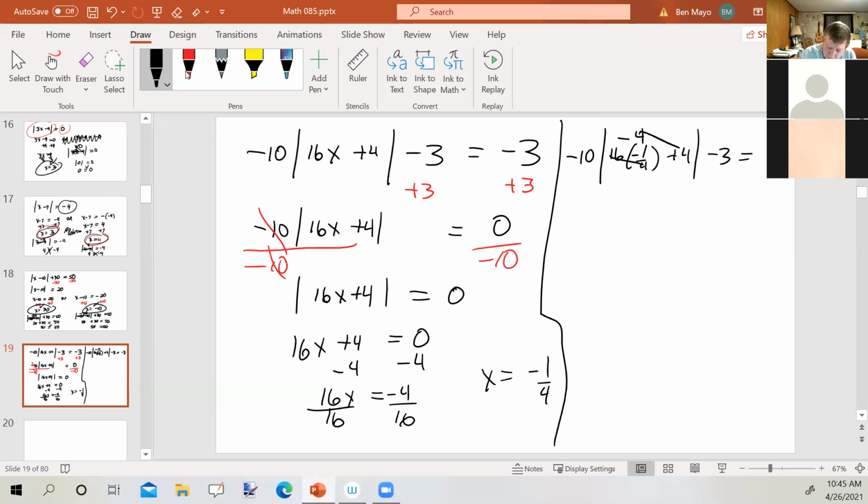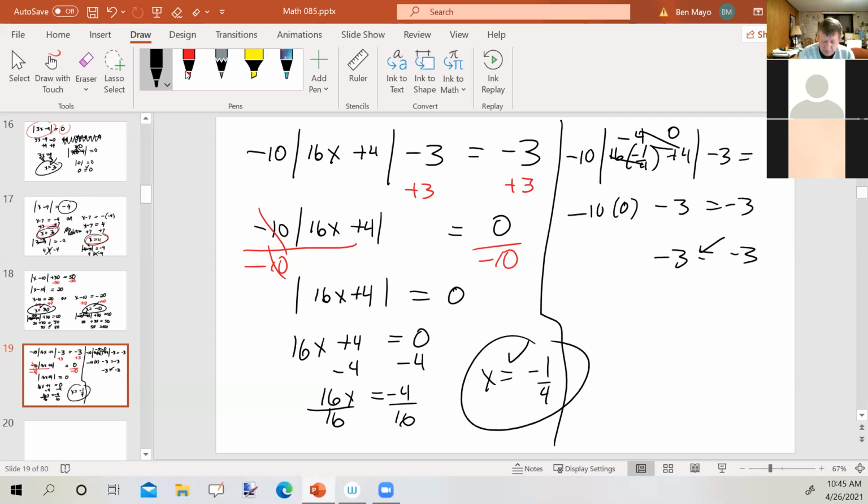Negative 4 plus 4 reduces to 0. The absolute value of 0 is 0, so I've got negative 10 times 0 minus 3 equals negative 3. Negative 3 equals negative 3. So we get the one solution, and it checks. Again, any questions about this particular example?